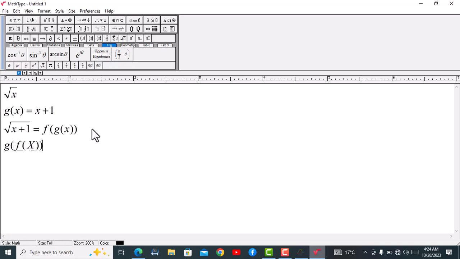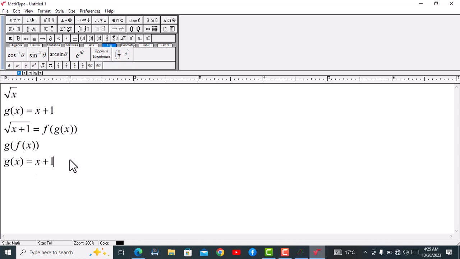Now we want g, and we want to define f inside of g. So this time I want to define the function f at x inside of g. The first thing I will do is write g. Remember, g at x equals x plus 1.